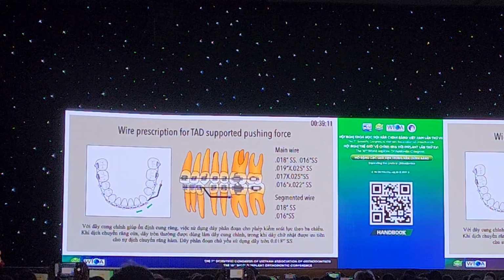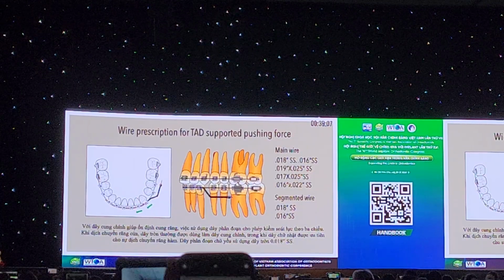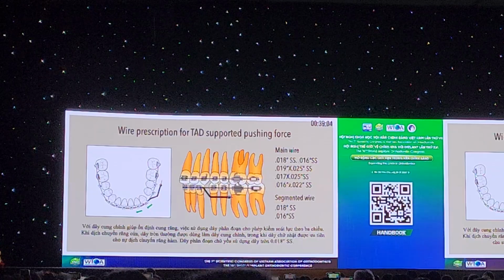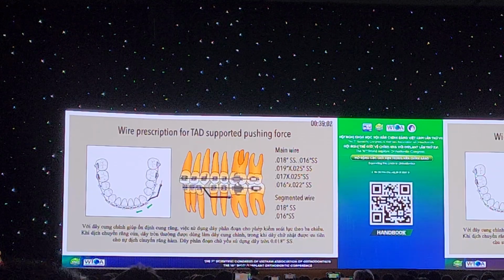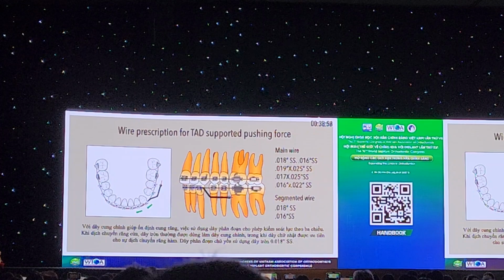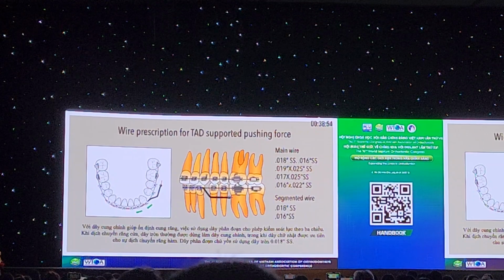With the main arch wire stabilizing the dental arch, the use of segmented wires allows for three-dimensional controlled force. So when moving the incisors, round wire is typically employed as the main arch wire, while rectangular wire is preferred for molar movement.